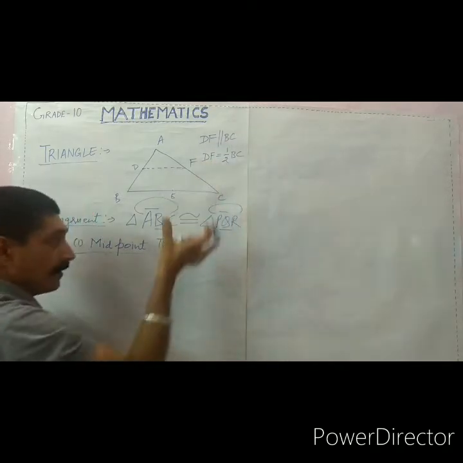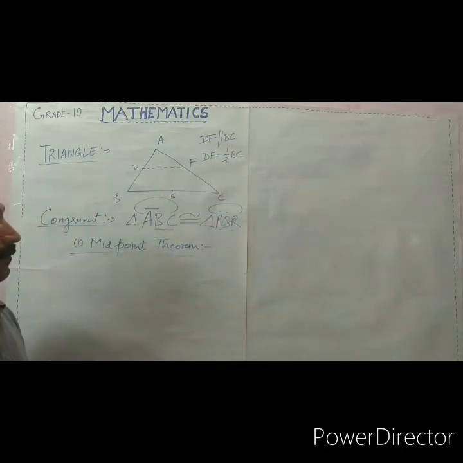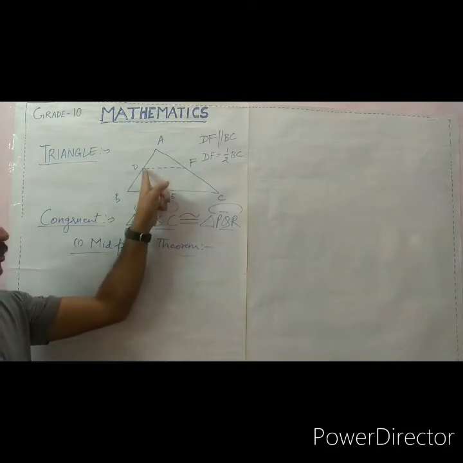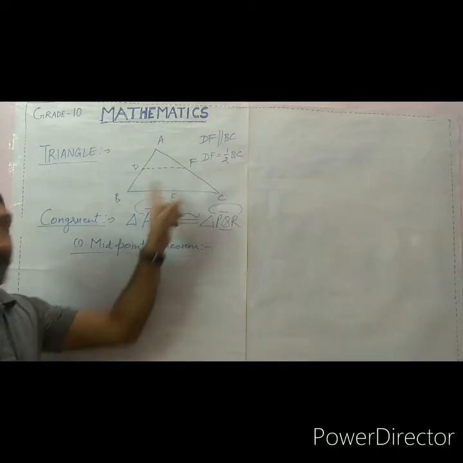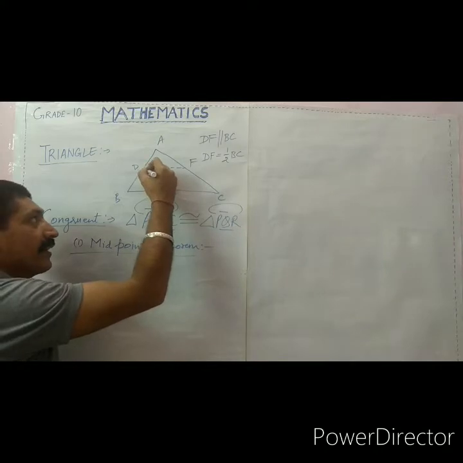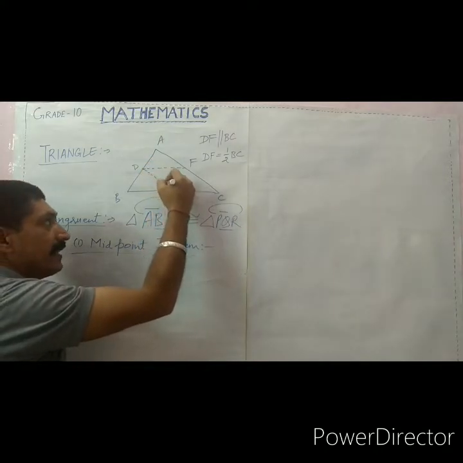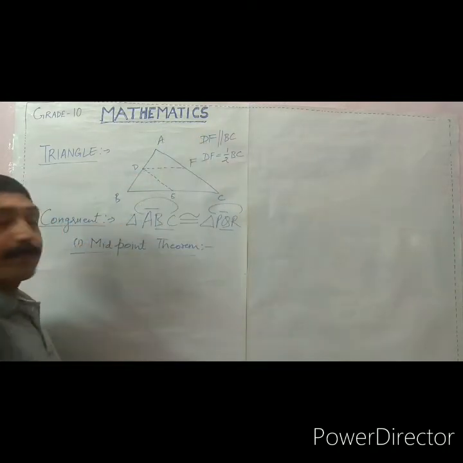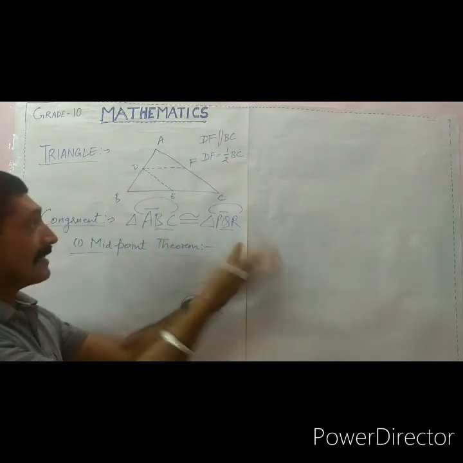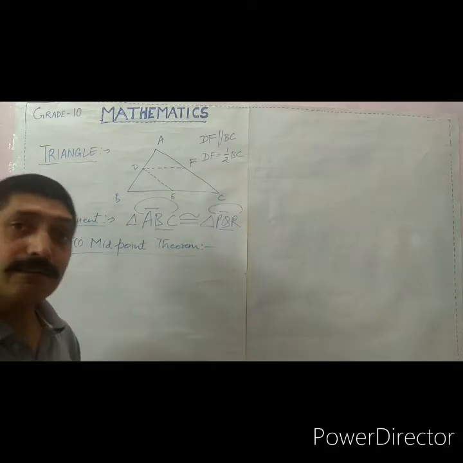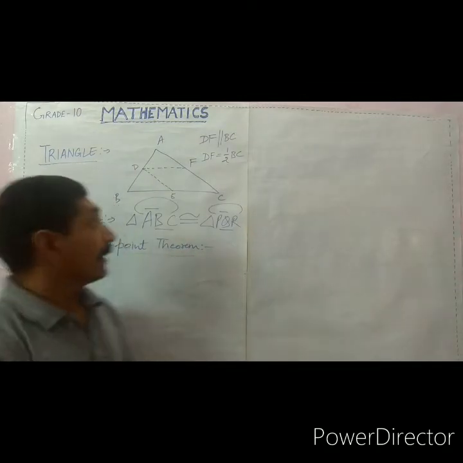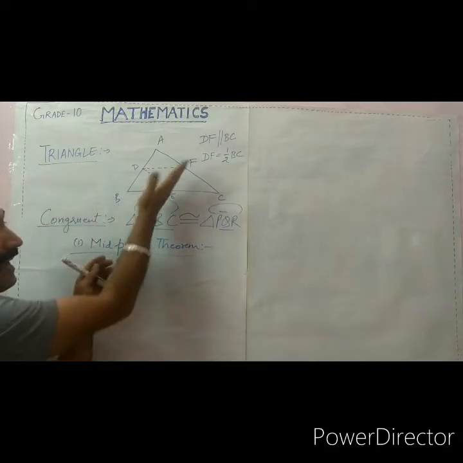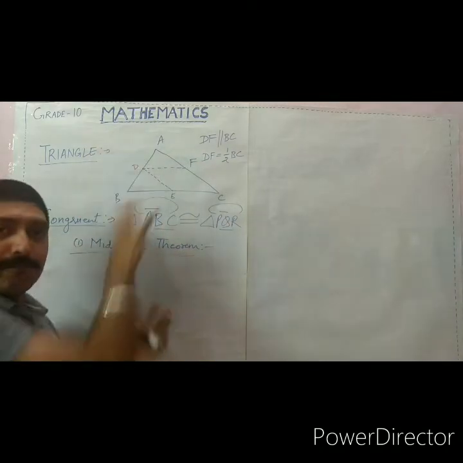This is the midpoint theorem. Here in this triangle, if we join D with E, then this DE is parallel to AC and half of AC. Similarly, for the third side, when we join E with F, then this EF is always parallel to AB and half of AB.